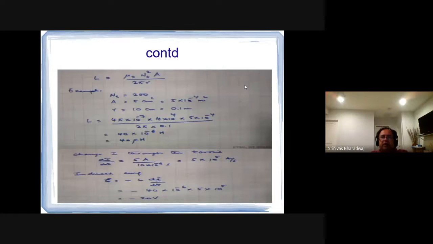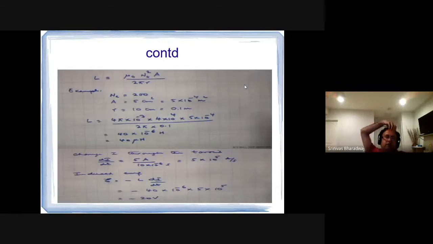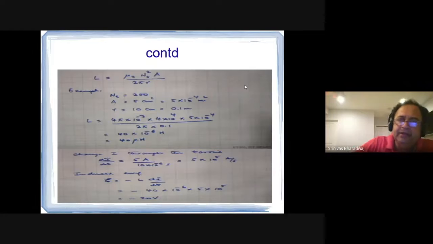And therefore, correspondingly, you have to calculate and then use that to find the L. Phi equals Li, and therefore whatever remains in phi equals Li is your L. So mu naught n square A by 2 pi r for a toroid. And then if you need to find the EMF, it is L di by dt.